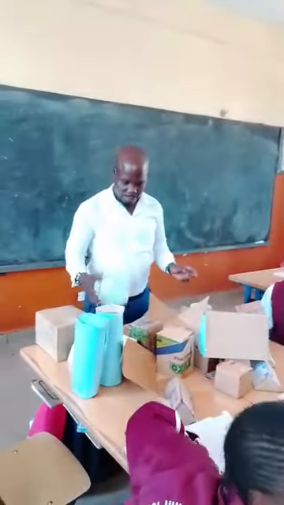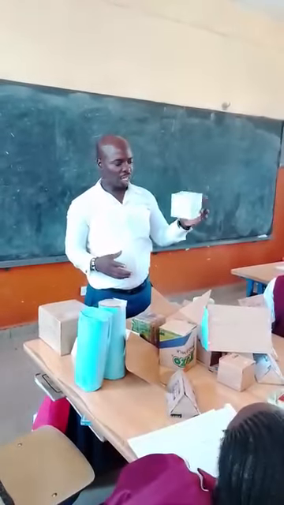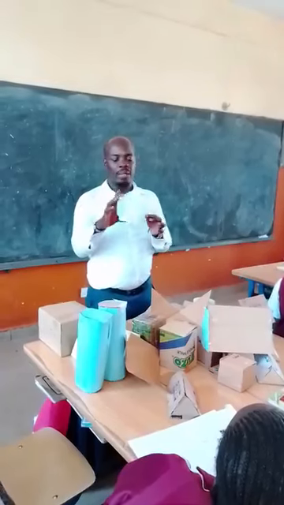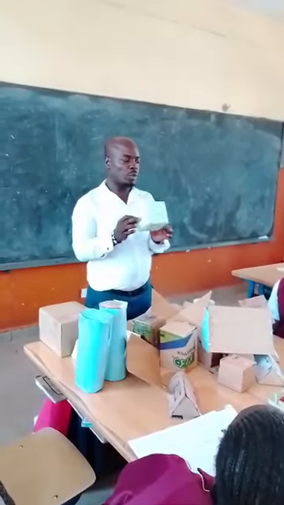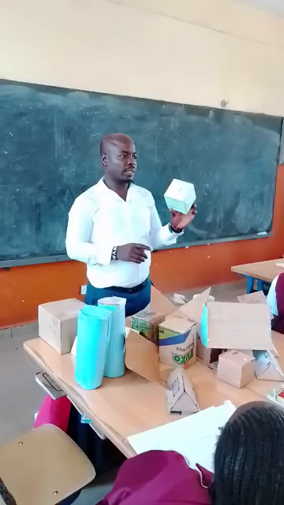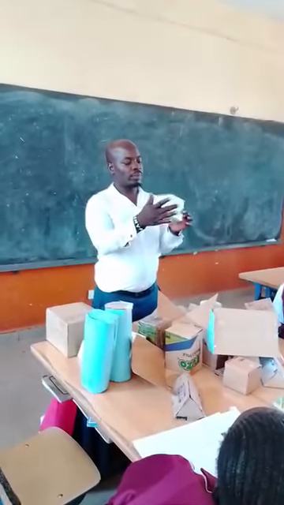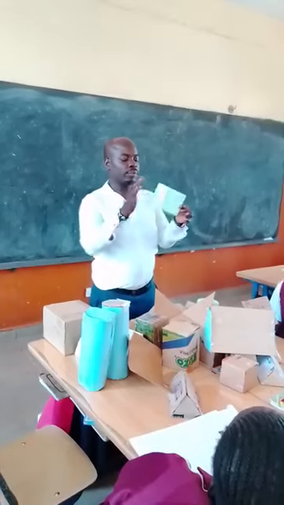What do we call this one? A cube. This one is a cube, okay? How many faces does a cube have? 6. Let's count. 1, 2, 3, 4, 5, 6.